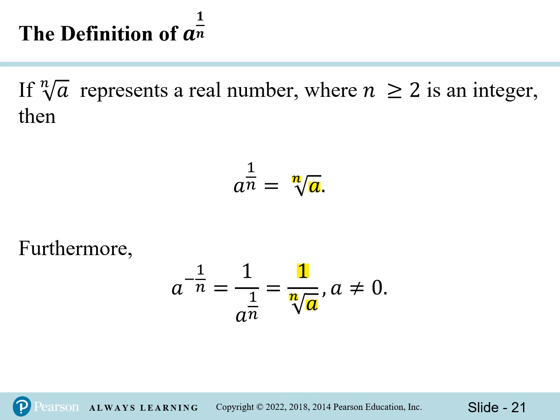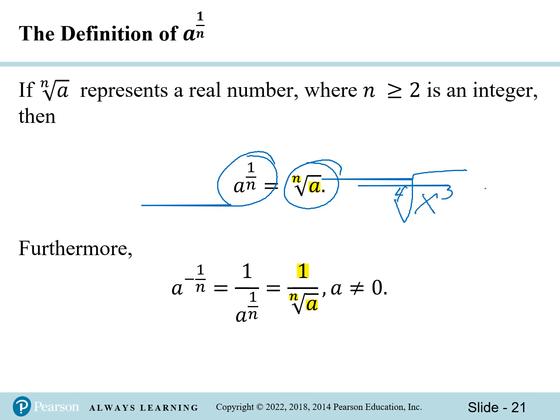Using rational exponents, you are going to want to get very, very familiar with rational exponents. What do I mean when I say rational exponents? It means you can take a radical and write it using an exponent. So if I have the 4th root of x to the 3rd power, I can rewrite that as x to the 3/4 power.